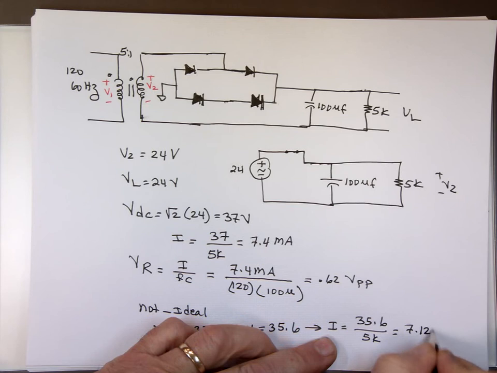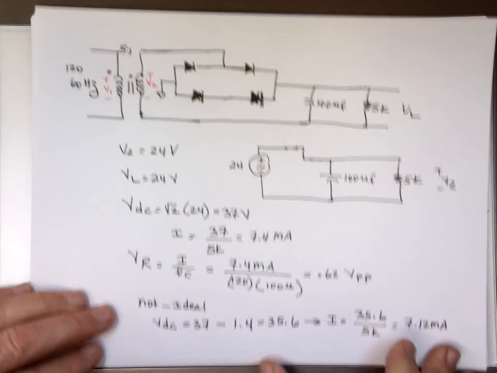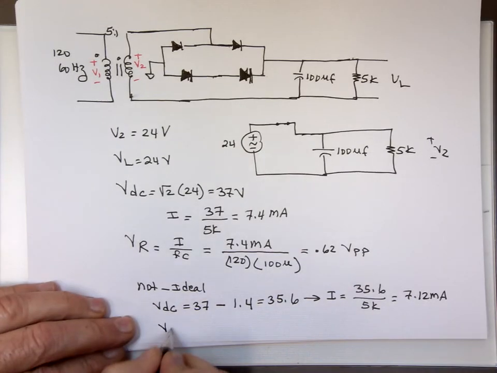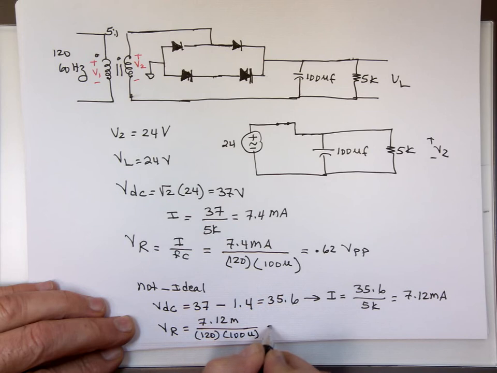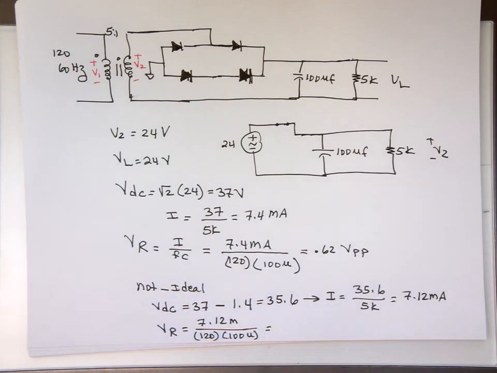And now the ripple voltage is going to be 7.12 milliamp divided by 120 times the value of the capacitor, which is 100 micro. And let's see what that number is. And that's 0.59. No big deal.